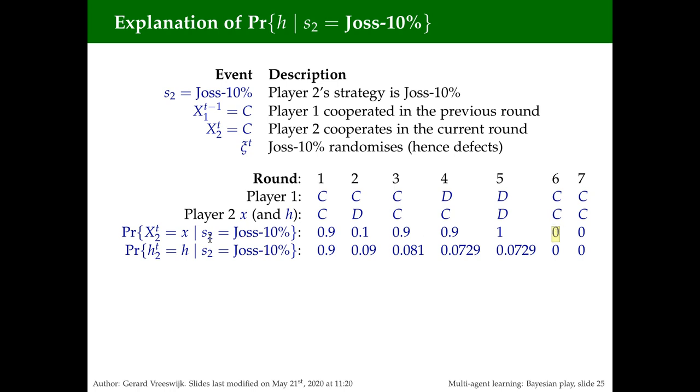Now, the probability of the history is this line. It's just a product of the respective actions. So 0.9 times 0.1 times 0.9. So this is the probability of the history.